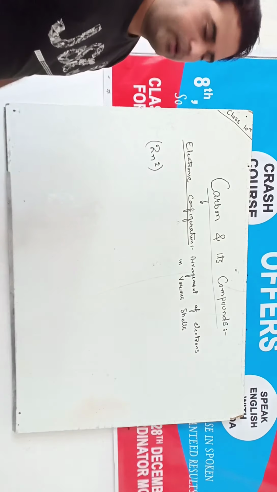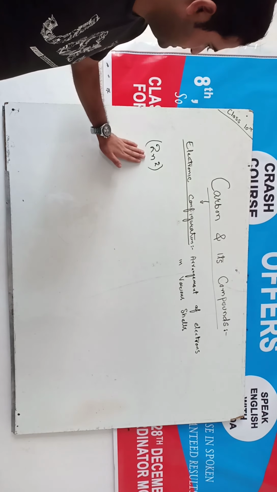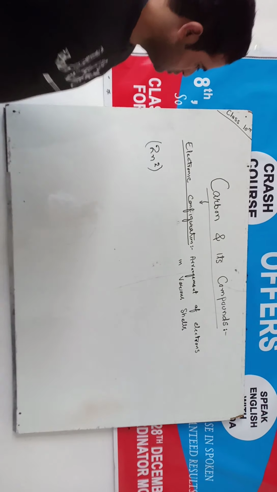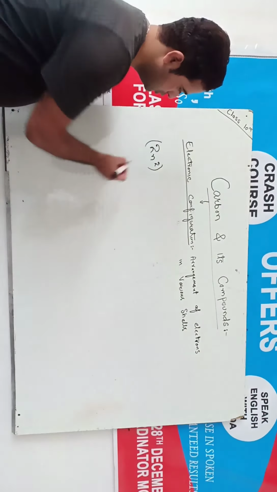Niels Bohr devised a rule which is called the Bohr-Bury rule or 2n square rule. According to this rule, the maximum number of electrons which a shell can accommodate is equal to 2n square. What does this 2n square mean?